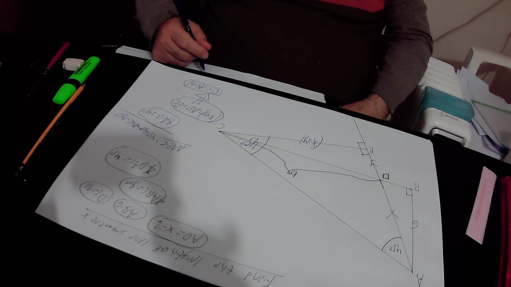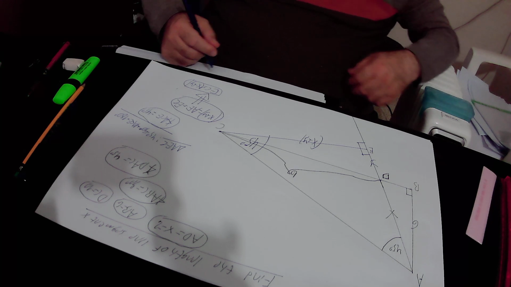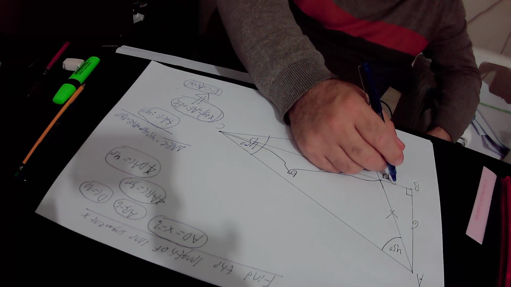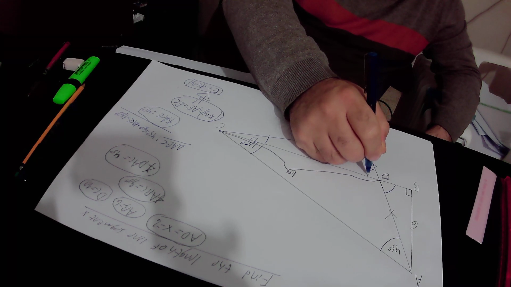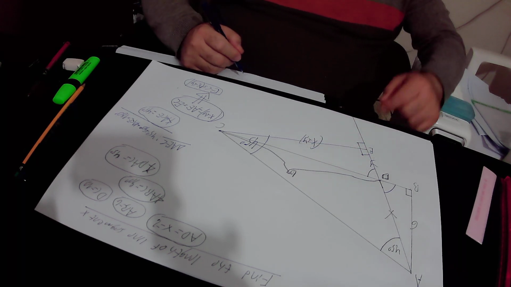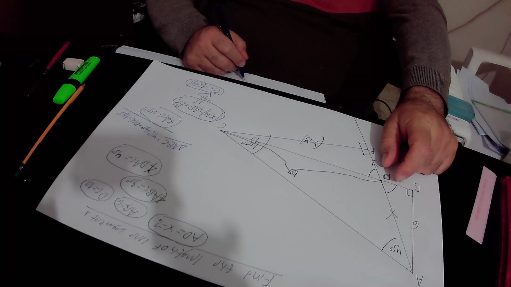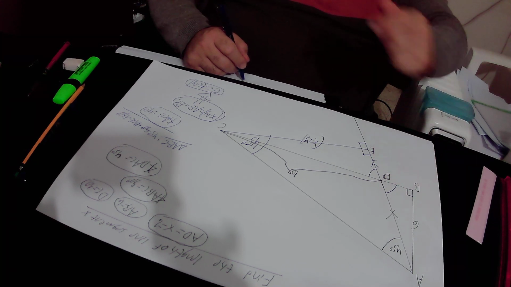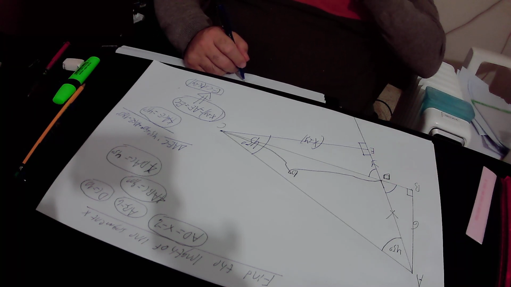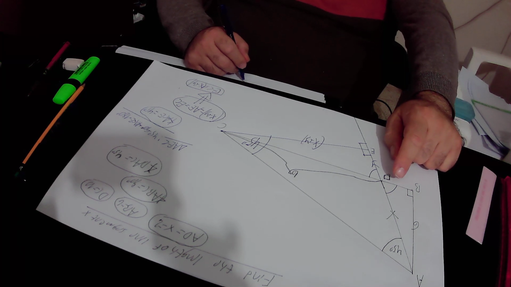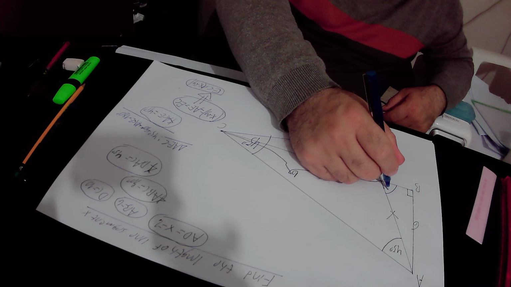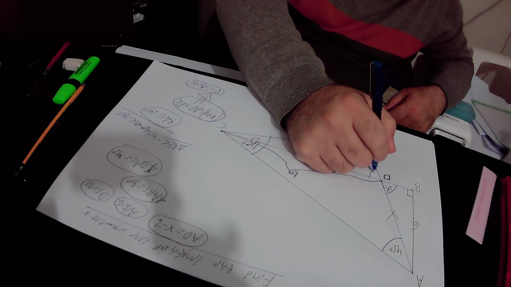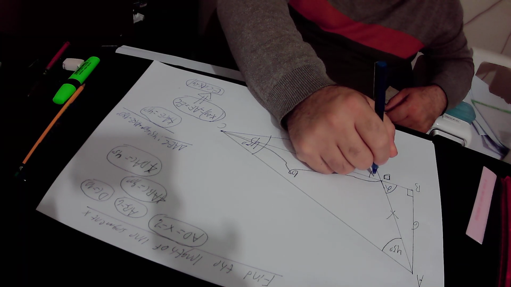And we also know that those two angles are equal to each other according to the rule that vertex angles are equal to each other. So if this angle is alpha, then this angle will also be equal to alpha.